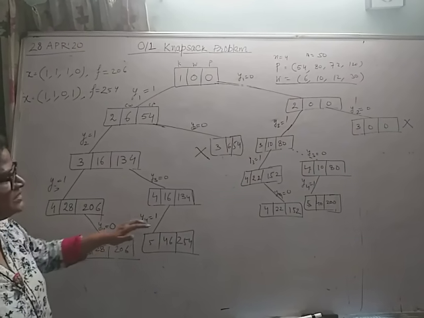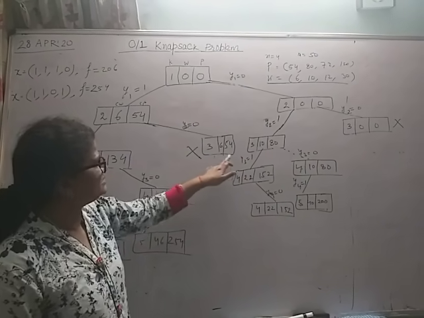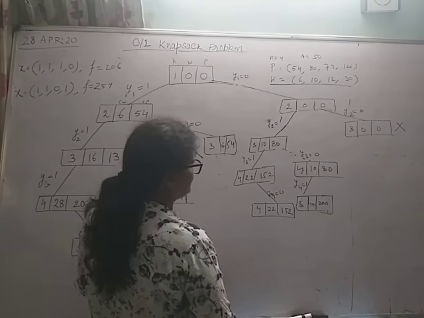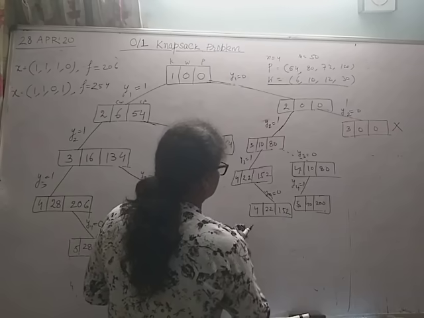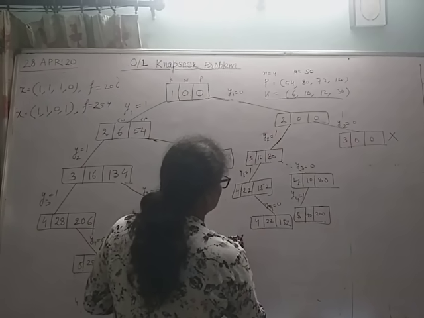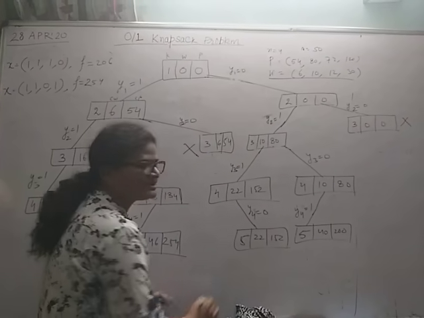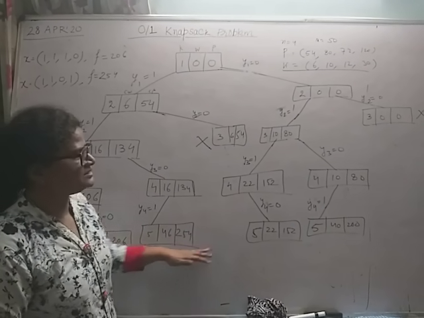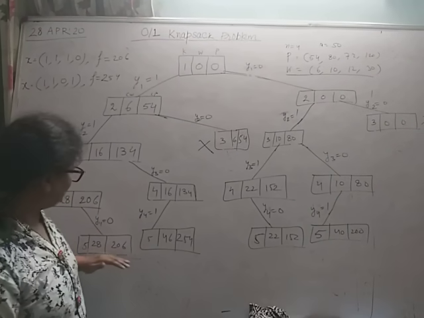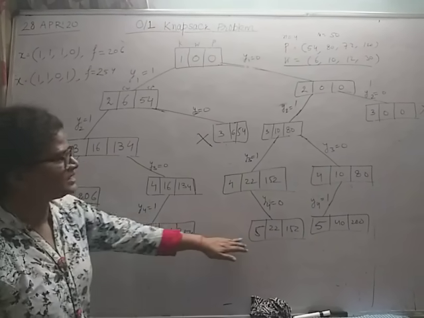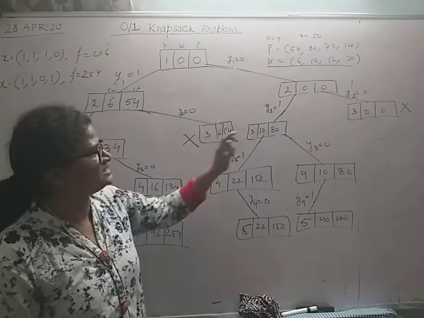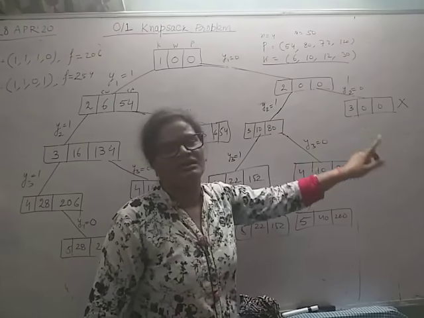In this diagram they are not at the same level, but that is okay. Now see, this is the correct tree, where there are 4 leaf nodes, and this node is killed due to the bound function. This node is also killed.